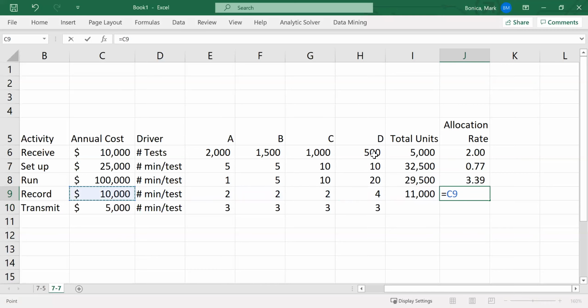So the cost of recording is 10,000 divided by 11,000 minutes, which gives us 91 cents per minute.